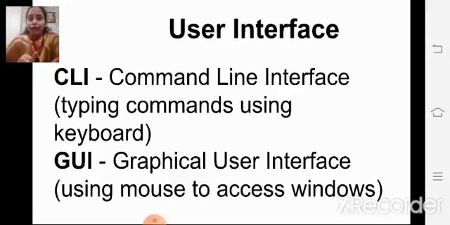And in GUI, graphical user interface, we use a mouse to access Windows. To work in the Windows operating system, we use the mouse. We only have to click on the pictures and icons, those are graphics.